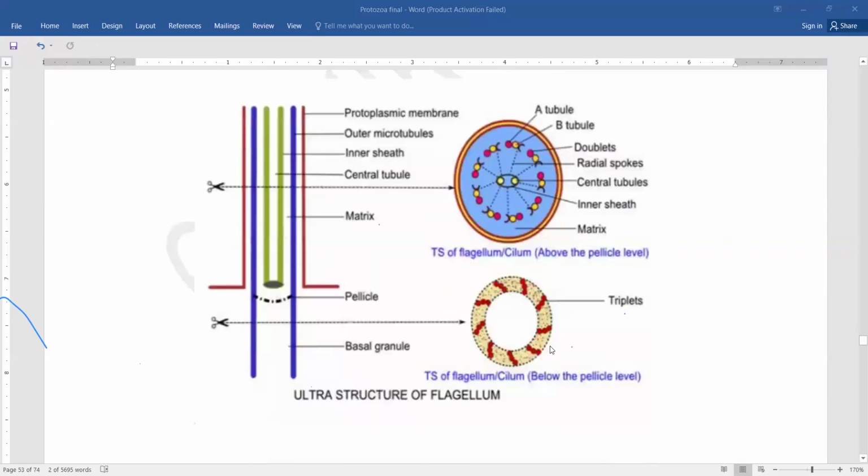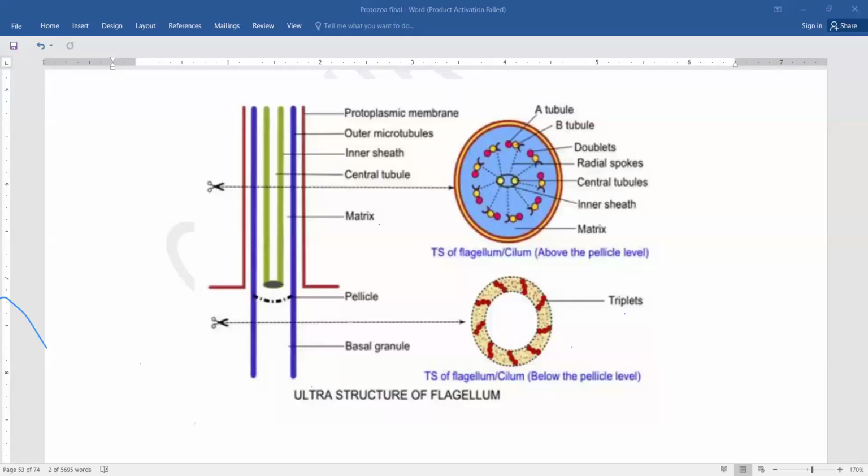Whereas in the basal granule, triplets are present. Each one is a tube-like structure actually. Here the red one is a tube, this yellow one is a tube. Such three tubes are present in the basal granule, and they are also nine in number. They are called triplets.